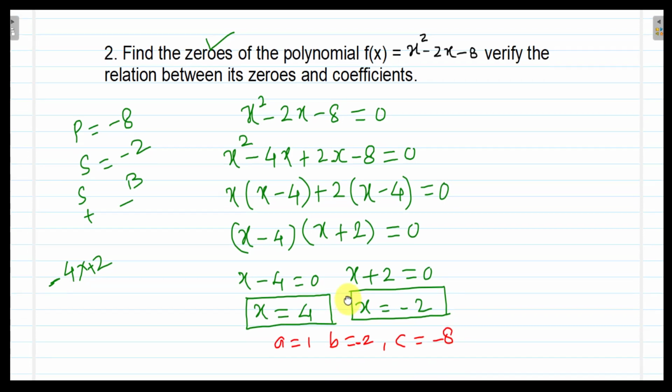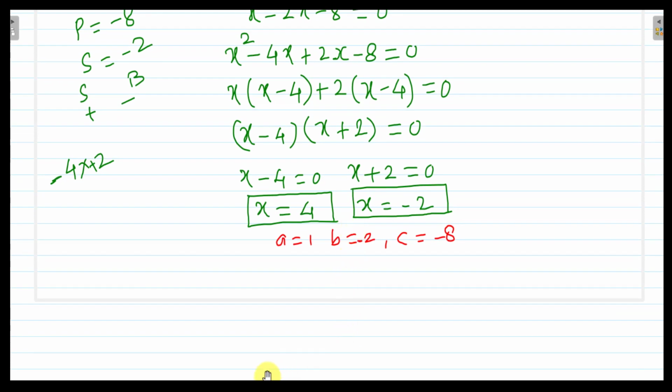Now we will verify it for the relation. So to verify, we first take the sum of the roots, the sum of the zeros. These are the zeros, x is equal to 4 and x is equal to minus 2. So its sum will be 4 minus 2 and that is equal to 2.